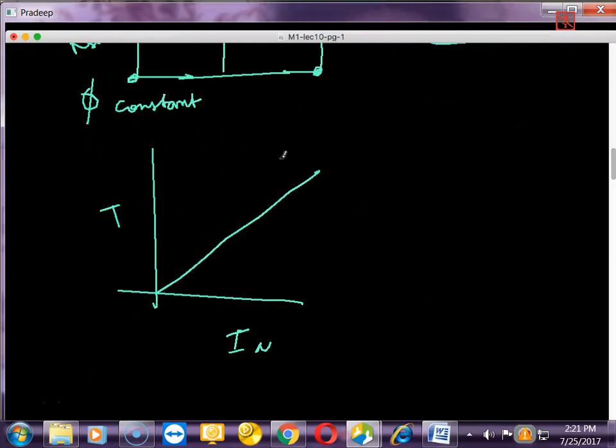This is the torque developed in the armature, TA. There will be some mechanical losses. If you consider those losses, then this dotted line will represent the shaft torque. So this is the relation between the armature current and the torque of a DC shunt motor.